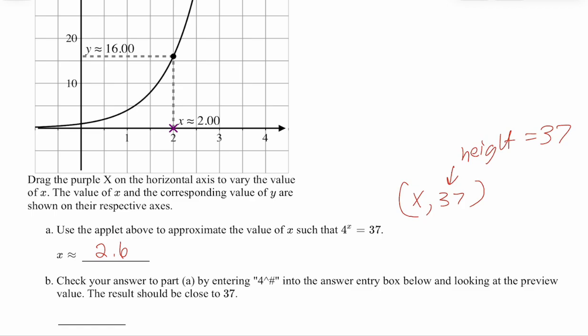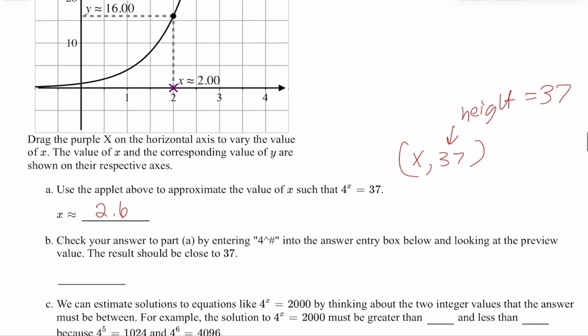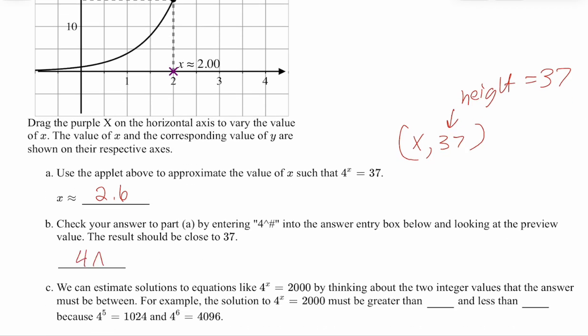That sounds about right. And then it says check your answer to part A by entering 4 to a power of that number into the entry box and look at the preview. So if you do 4 to a power of 2.6, you better get a number that's close to 37. It might not be exactly 37, but it's going to be close to 37. Did you guys get a preview that looks like a number close to 37?